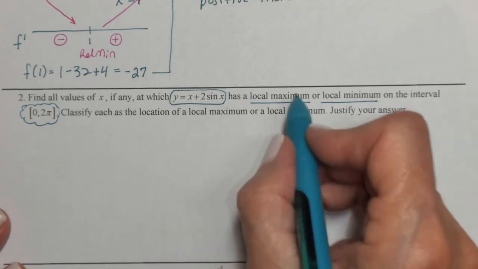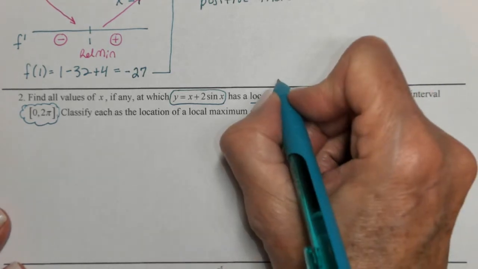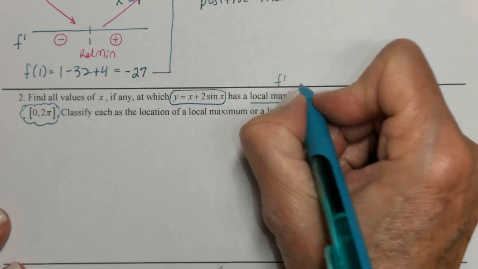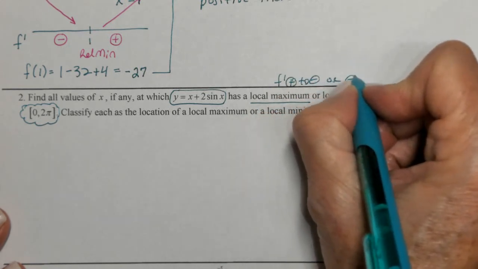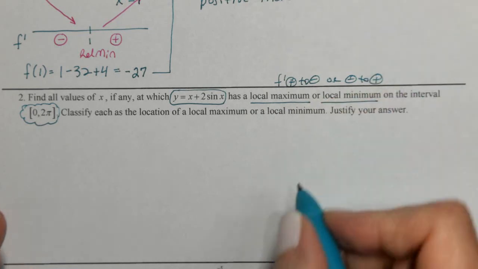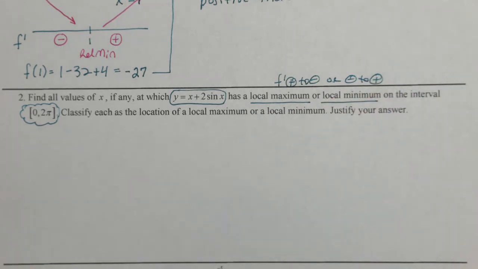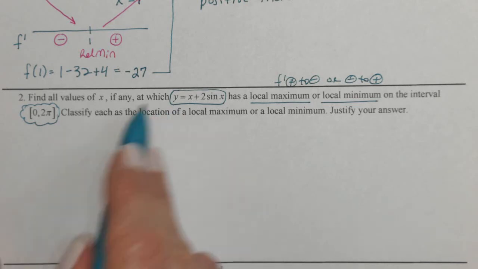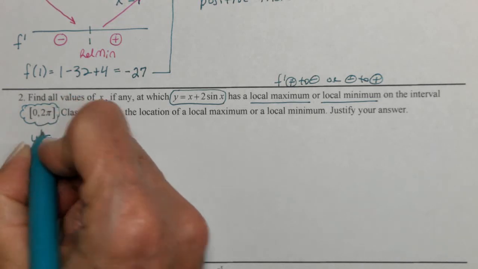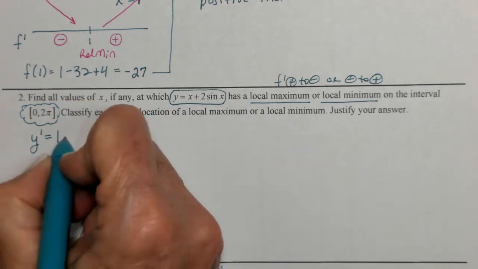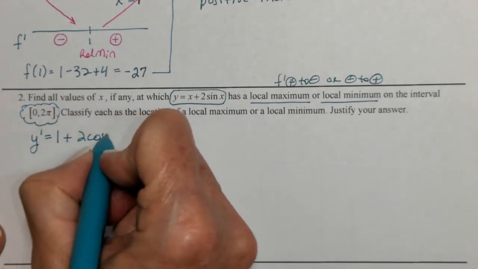Okay, local max min, I'm looking for where f prime changes from positive to negative or negative to positive. So again, find your critical numbers, sign chart f prime, or in this case, y prime. Okay? So y prime is equal to 1 plus 2 cosine of x.